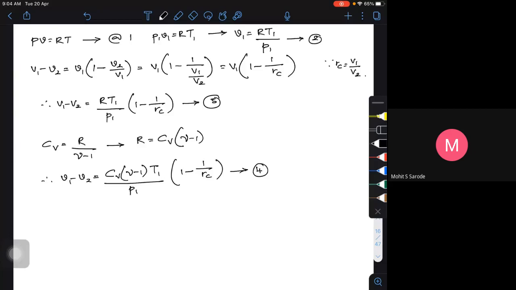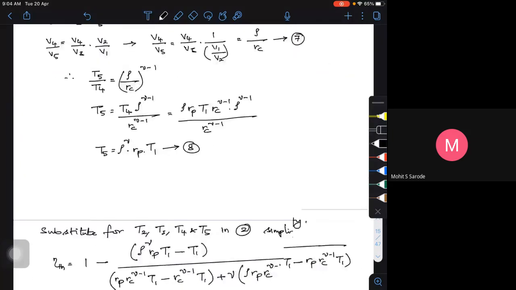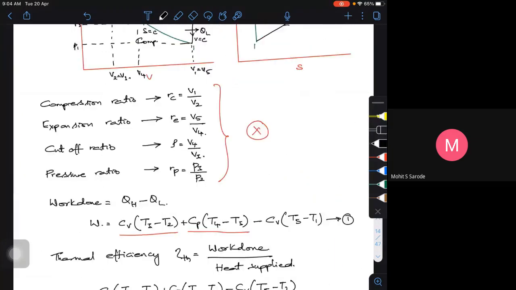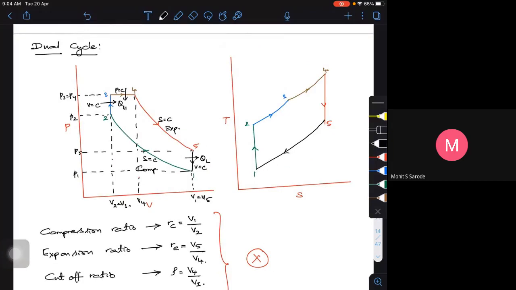Now, this being a dual combustion cycle, the work done is nothing but heat supplied minus heat rejected. The logic remains the same, but the heat is supplied at constant volume and constant pressure. If you go back and look at the PV diagram, 2 to 3 is constant volume and 3 to 4 is constant pressure, so I supply heat at constant volume and constant pressure.